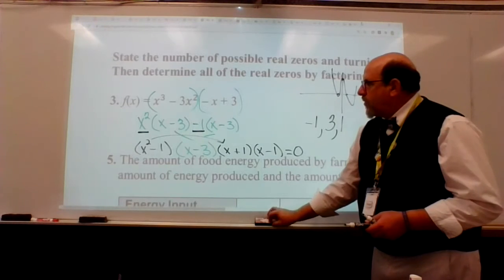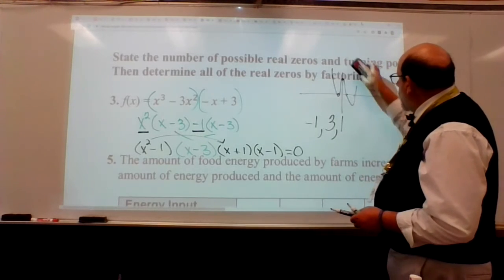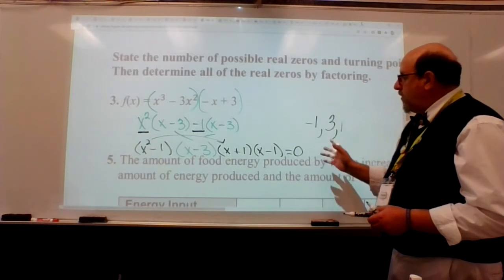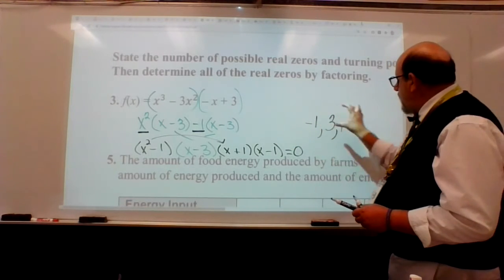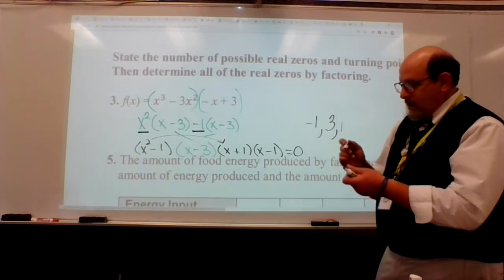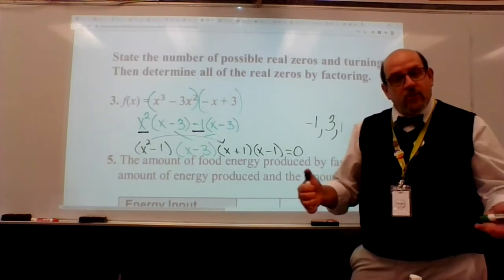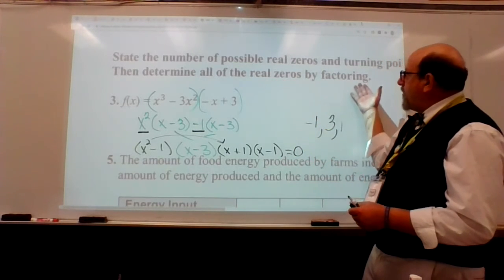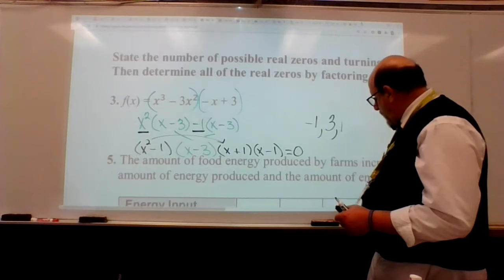But it gives you information. Now, if you want to know whether any of these do or don't work, you can plug these numbers back in and see if you get a 0. Other than that, we should be good to go. So you found the real zeros by factoring. There's another one here.